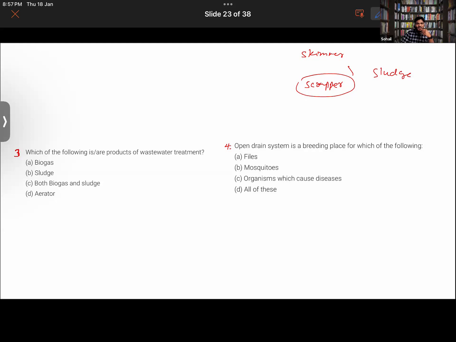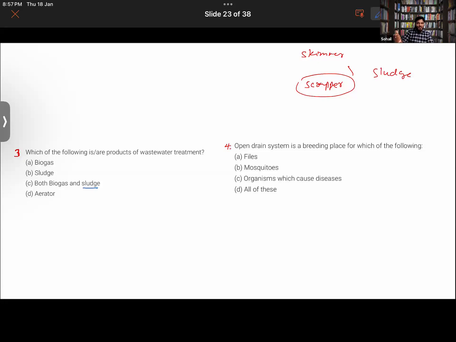See, the question is which of the following are products of wastewater treatment? Sludge is a waste. That is correct. When we see it, it is actually waste that is present in the water, but it is the outcome of the sewage treatment plant.